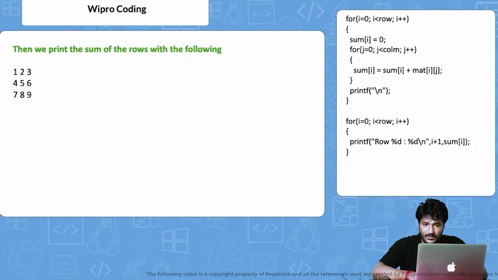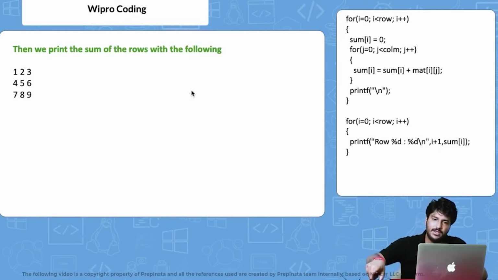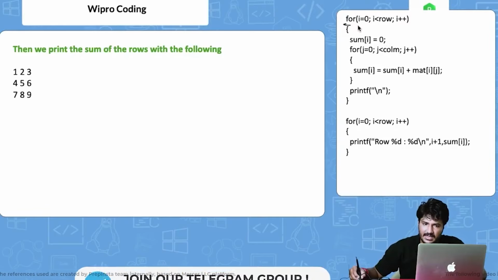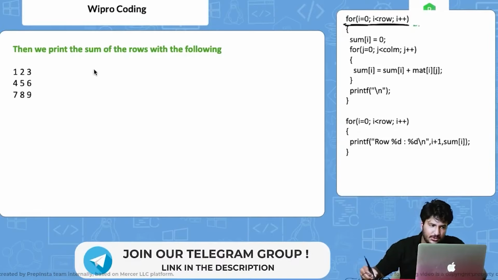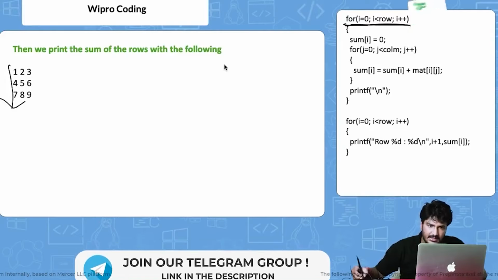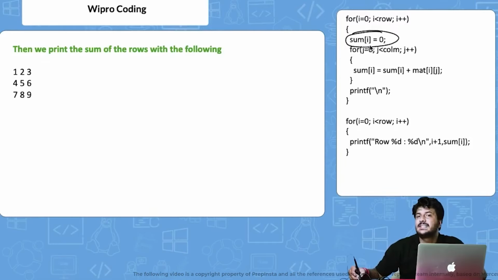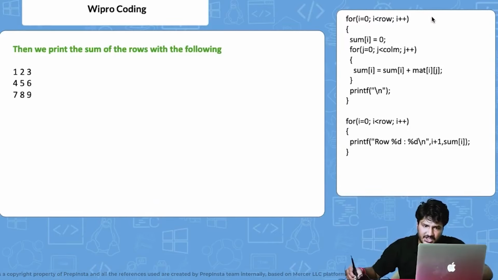Okay. So now on this particular loop, what we are doing is we are printing the sum of the rows, right? So this first for loop iterates upon the rows, and this for loop iterates upon the columns. And this sum of 0 we are essentially taking to find the sum of a particular row. So let's see with an example what happens. Initially i is equal to 0.